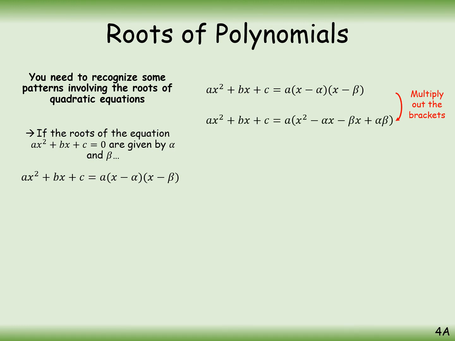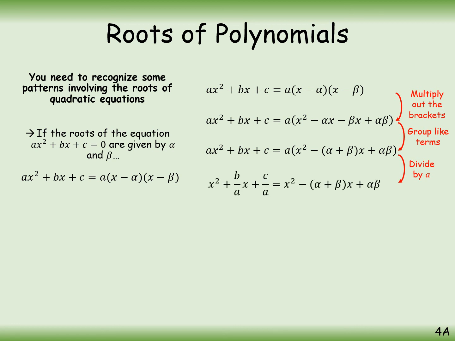If we multiply the brackets, you get this. Now if you group the terms together and divide by a, then this can be simplified down to this format.